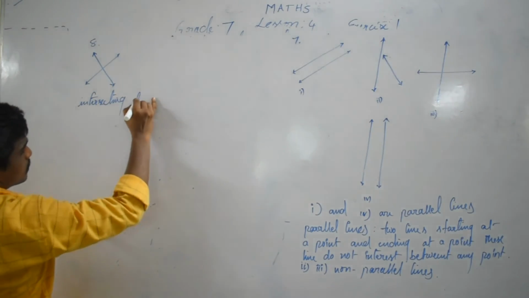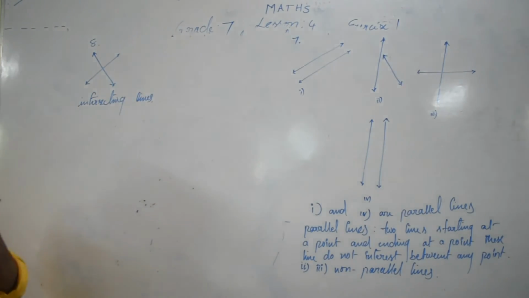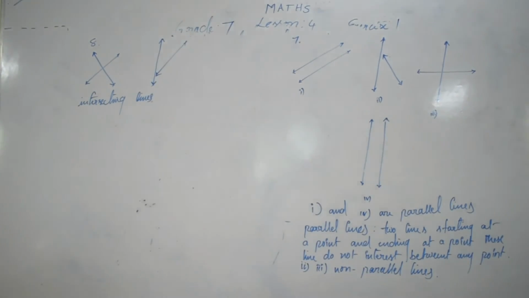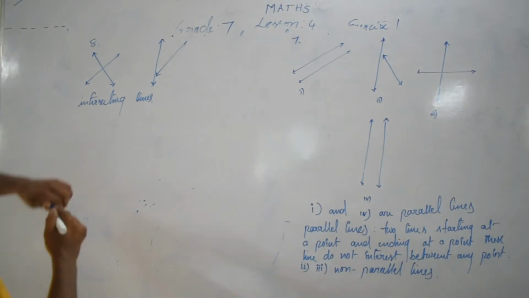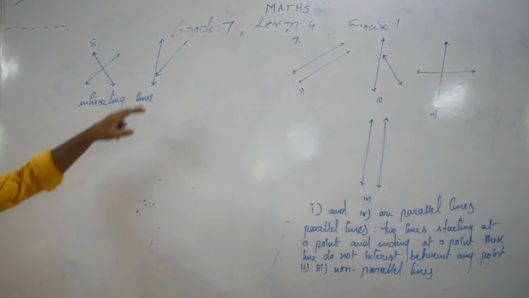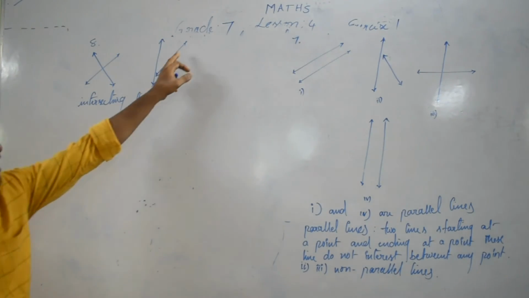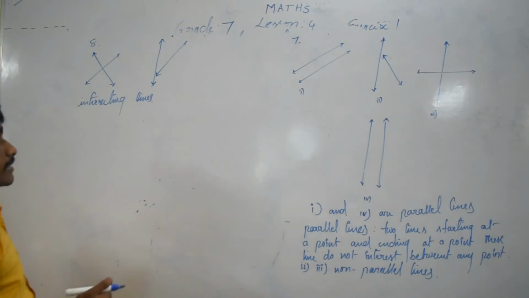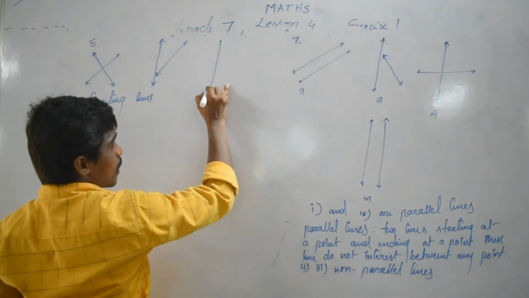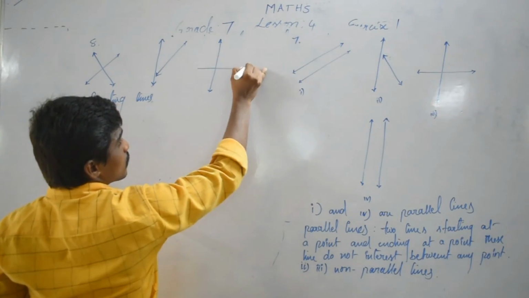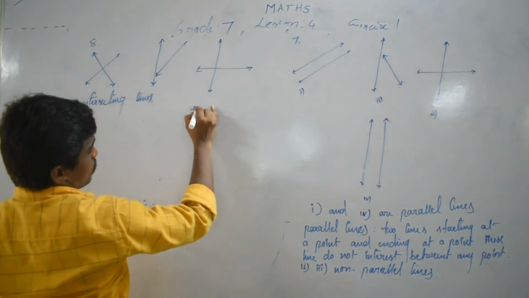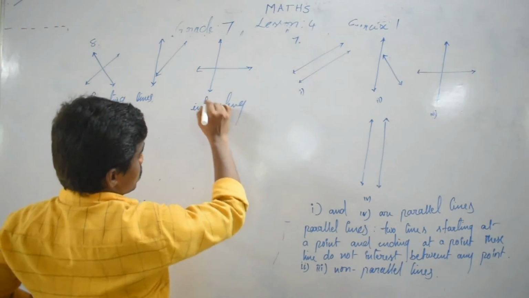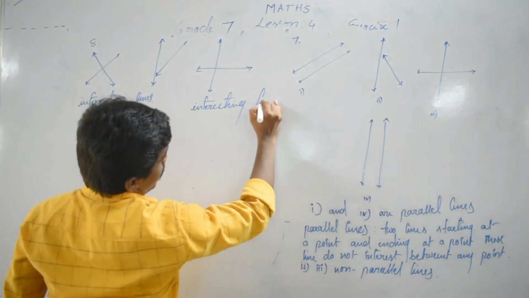Next one, here these are also intersecting lines. Why? Here they do not touch, but these are lines, so if we extend them, they intersect. Next one, this is also intersecting lines.